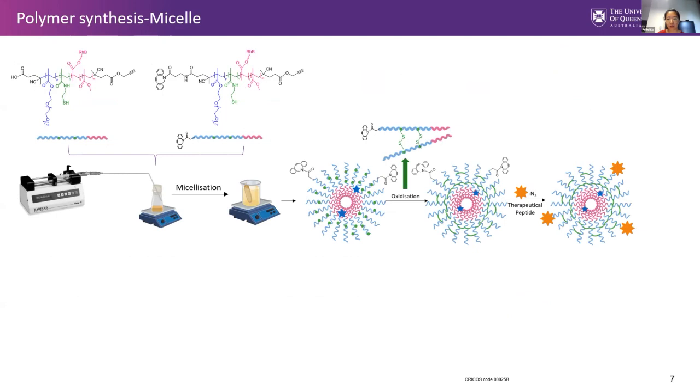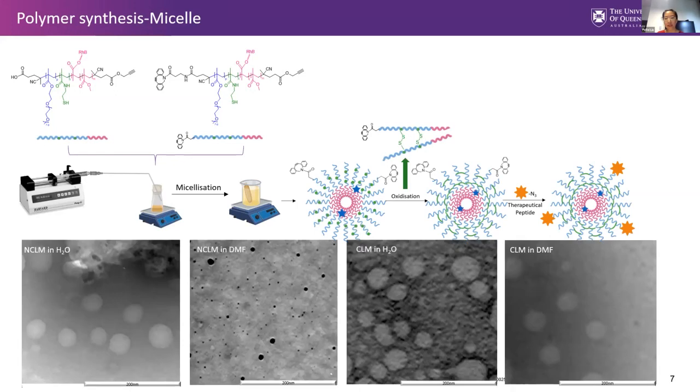And PEGMA was used to keep the consistency of the nanoparticle corona the same as the hyperbranched polymer to achieve similar in vivo behavior. And then this micelle was cross-linked via a disulfide bond to increase the stability of the system. So from the TEM image, you can see the first one on the left-hand side, a very obvious spherical shape was observed.